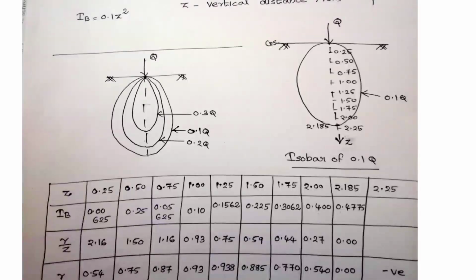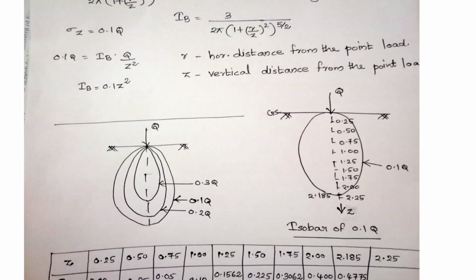Okay. So similarly we can draw the curves for 0.2 q, 0.3 q, 0.4 q, like that. All these points, that is isobars of intensity 0.2 q, 0.3 q, etc., obviously will lie within the isobar of 0.1 q. Okay. So this is the isobar.